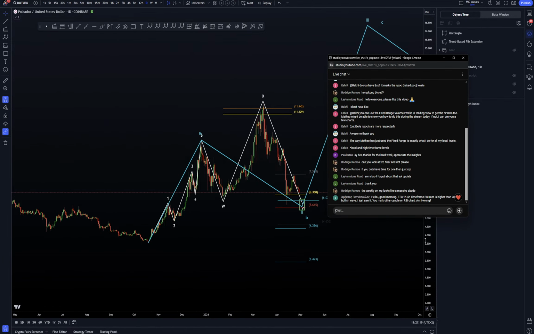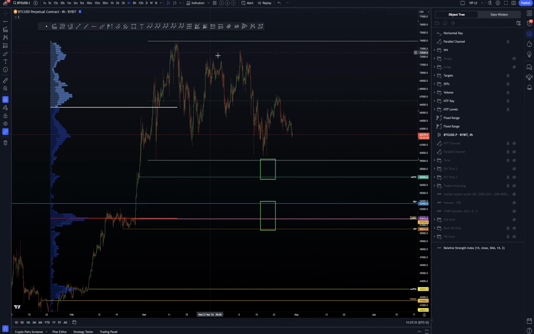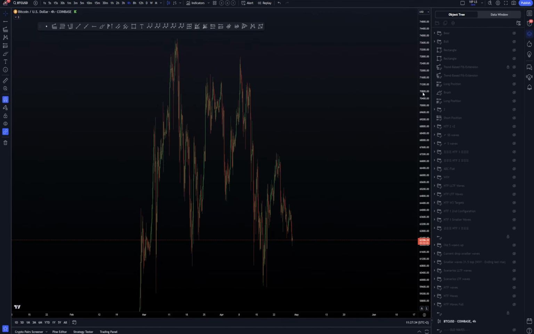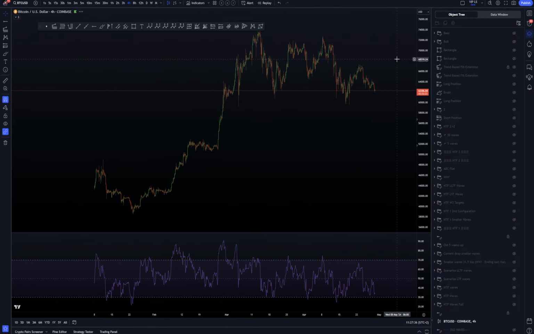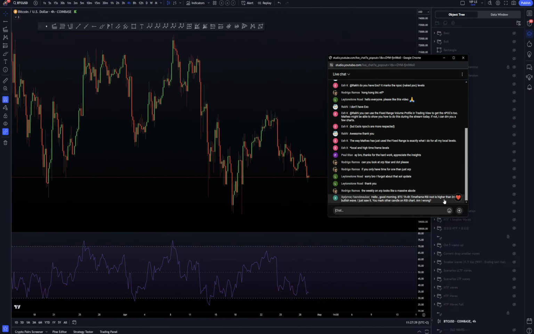Wait, what? BTC 4-hour time frame RSI root is higher than second bullish wave. Wait, I don't get it right now. You mark all the color on RSI chart.